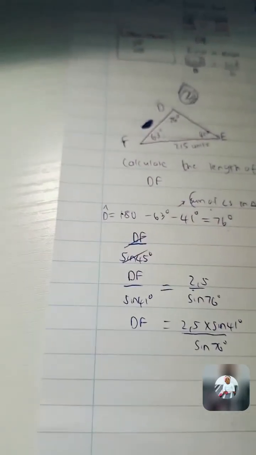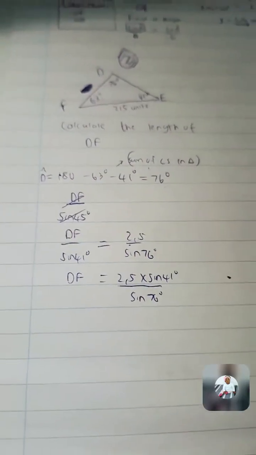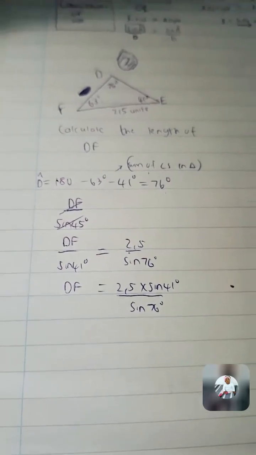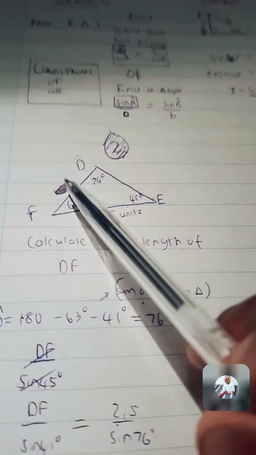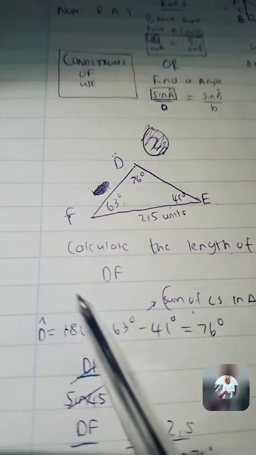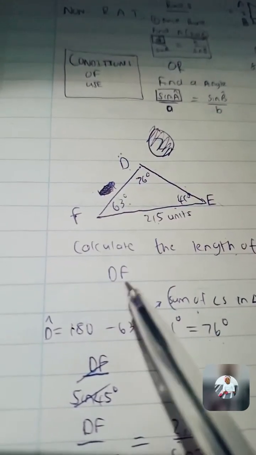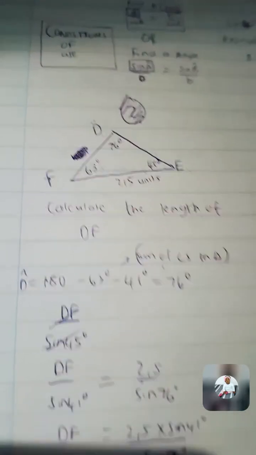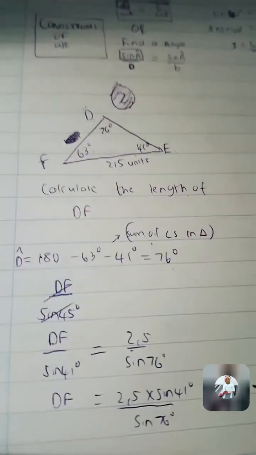Remember, x is a variable that stands in the place of something that we do not know. But you are specifically being asked to calculate the length of DF. DF is standing in the place of something that you do not know. I know that we are obsessed with x because we as teachers have made you guys become obsessed with x.